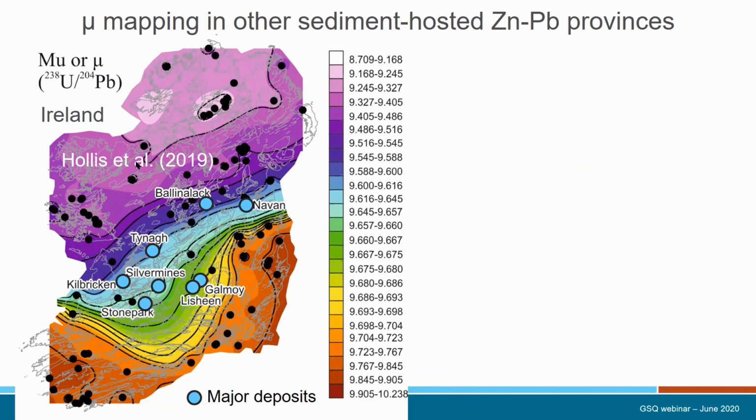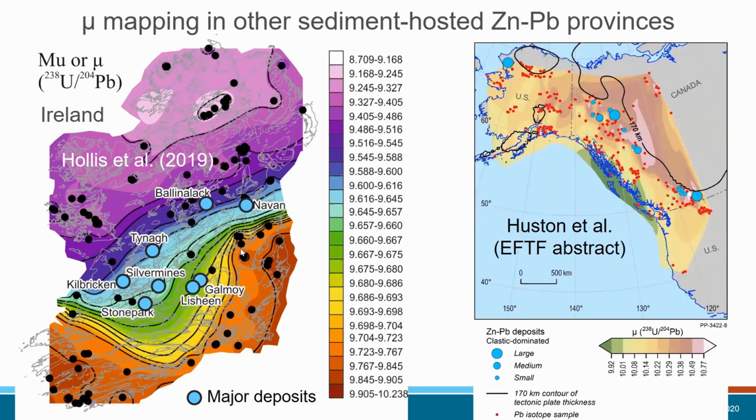He's done a mu map and shown that the major deposits in the Irish zinc belt are associated with a gradient in the mu values. The same thing that we're seeing in Mount Isa, you're seeing in Ireland, but also in North America. This diagram here is a mu map where we go from juvenile to evolved up and through here.